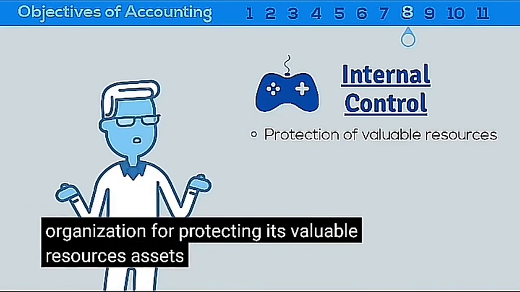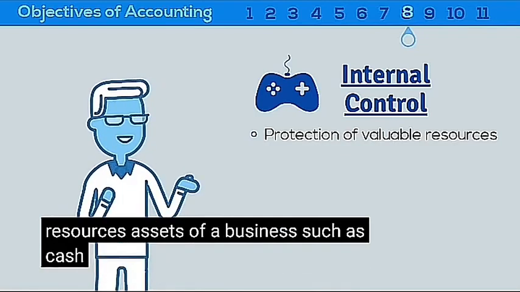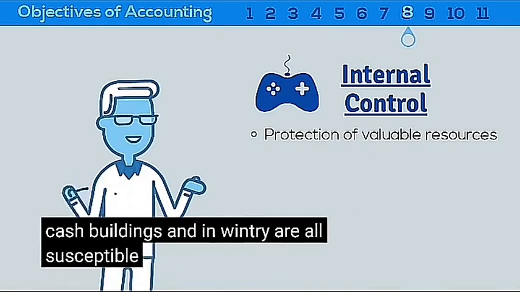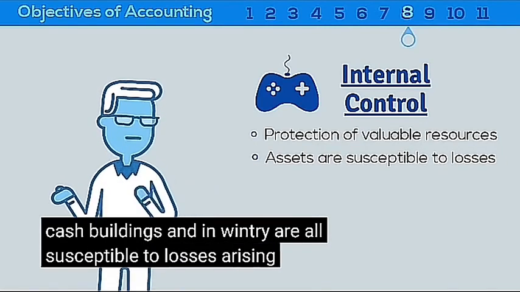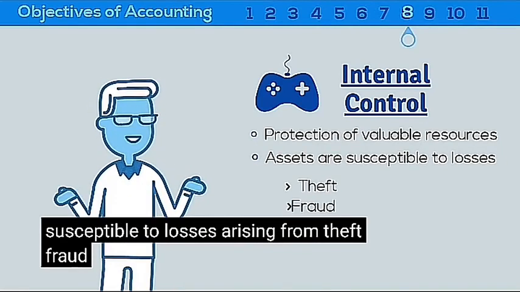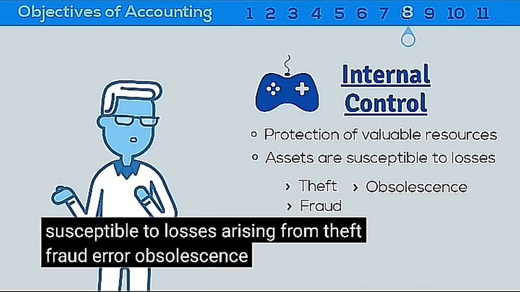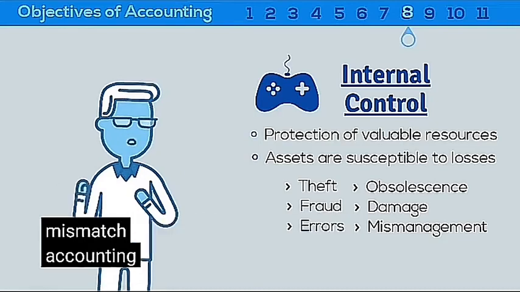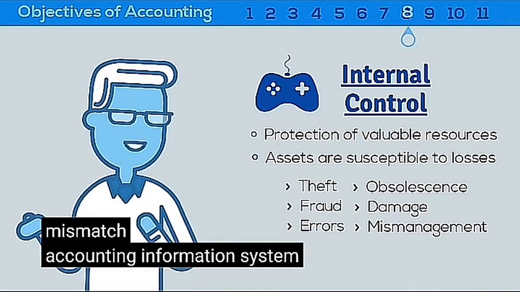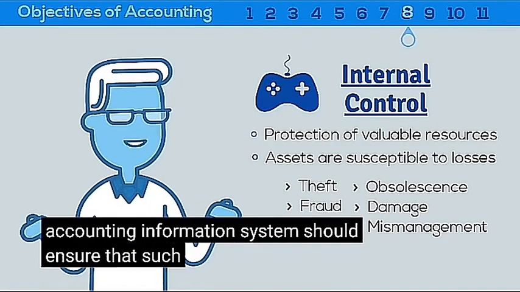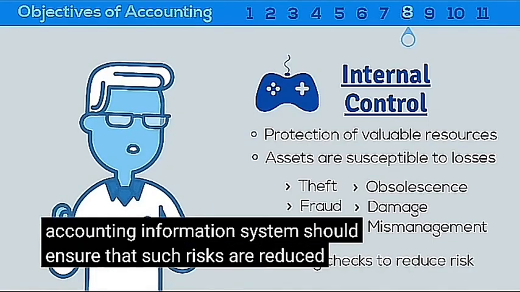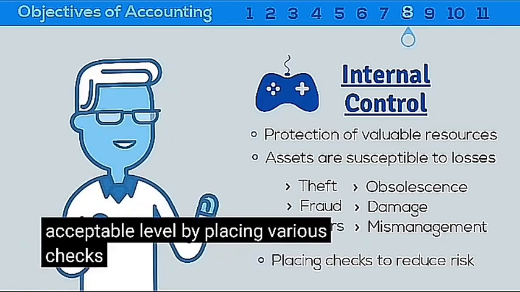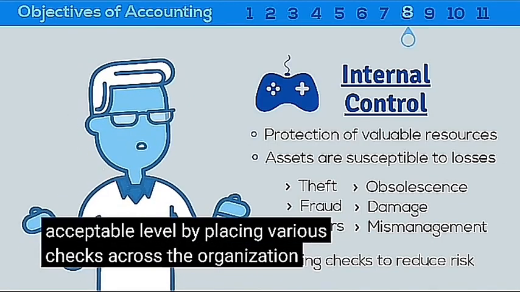Assets of a business such as cash, buildings, and inventory are also susceptible to losses arising from theft, fraud, error, obsolescence, damage, and mismatch. Accounting information system should ensure that such risks are reduced to an acceptable level by placing various checks across organizations.